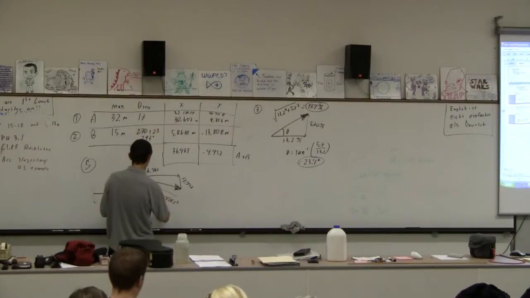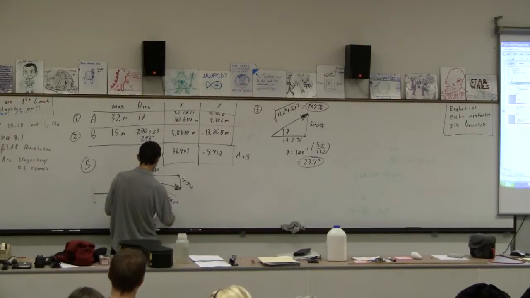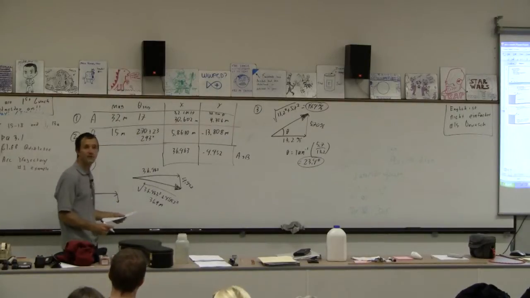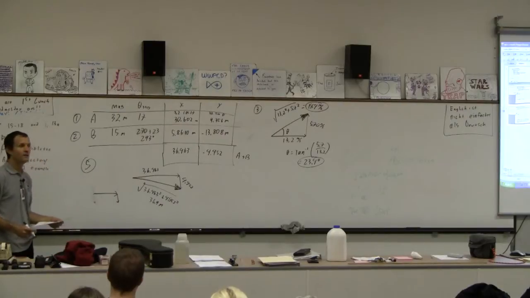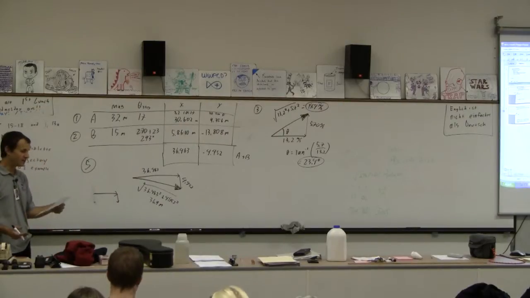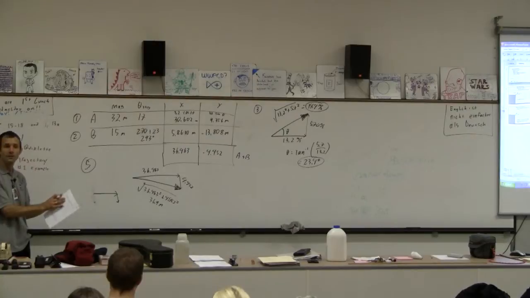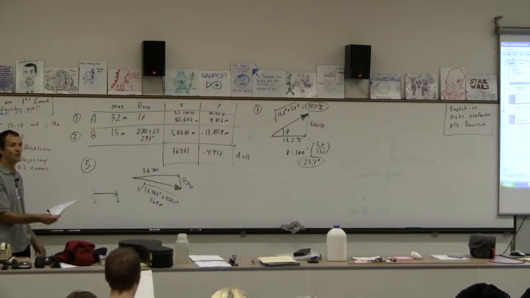I used an Excel spreadsheet. How many sig figs do we really have? Just 2, right? From the 17 and the 32 from problem 1. So if you have an answer that rounds to 37, you're in good shape. If it's not rounding to 37, then you're rounding too much as you go, or you made some mistake.